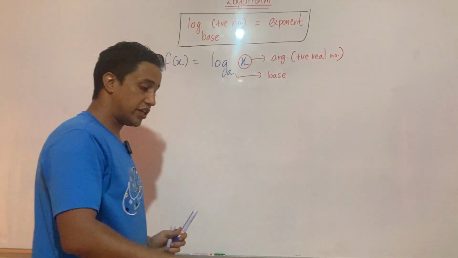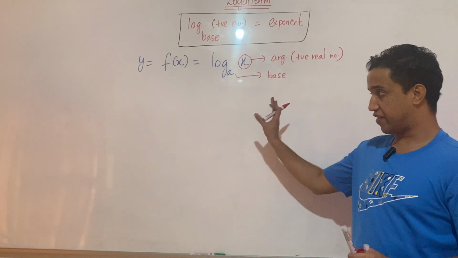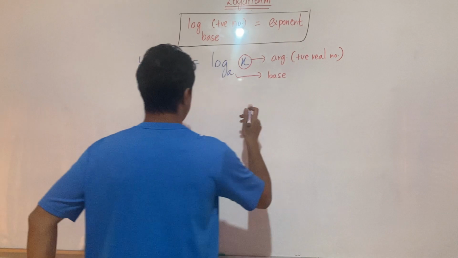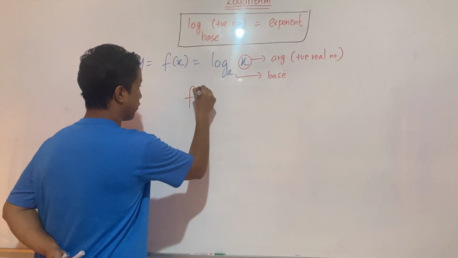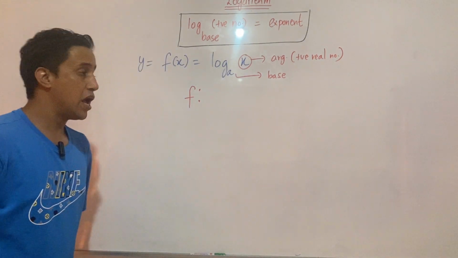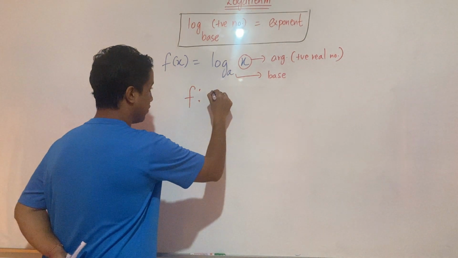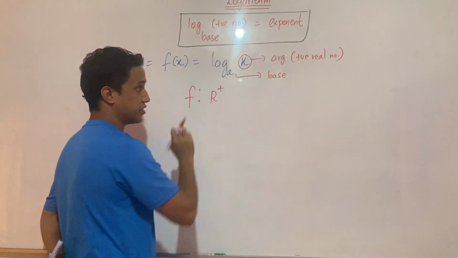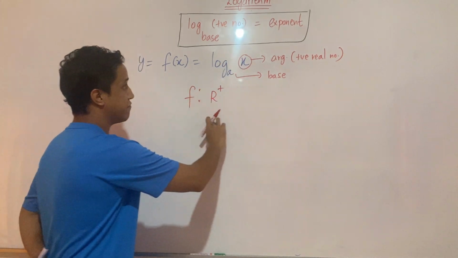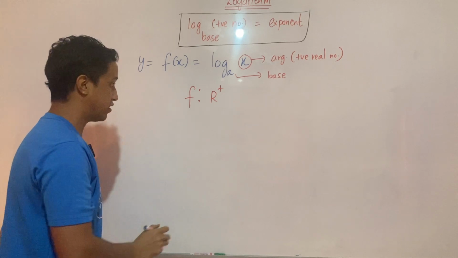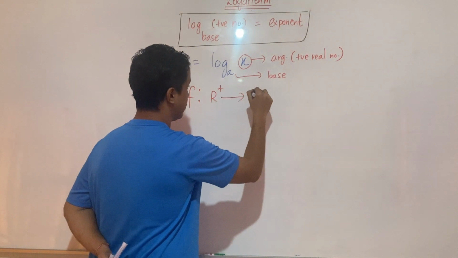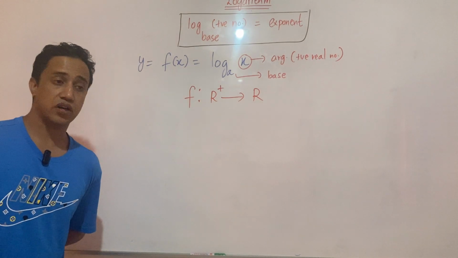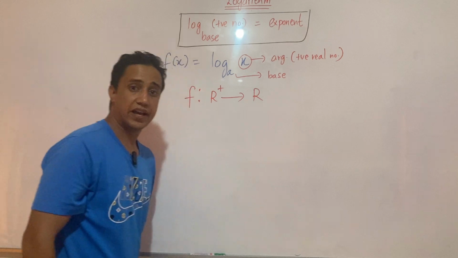Okay, so generally, if I have to define this logarithmic function in simple terms, I would say that the logarithmic function is the function that takes the positive values of the argument and gives us the real values in terms of the exponent, right?